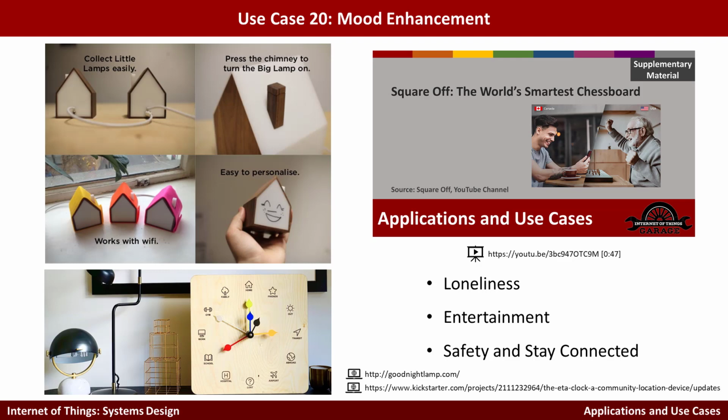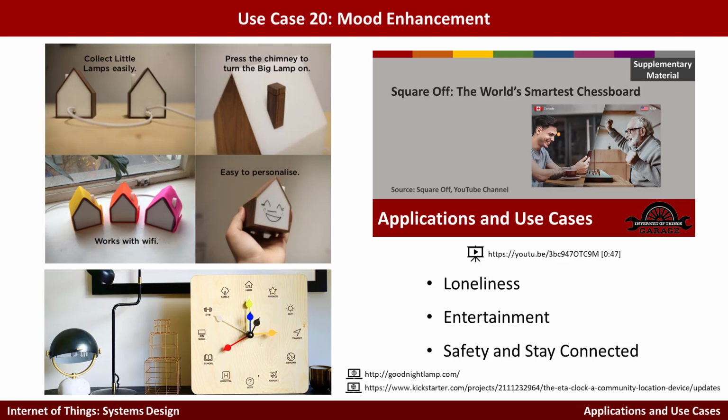If the child is in university accommodation, when they come home to their apartment and switch on the light, the little house in the parents' house lights up to represent that their child is in their home, in the apartment where they live.